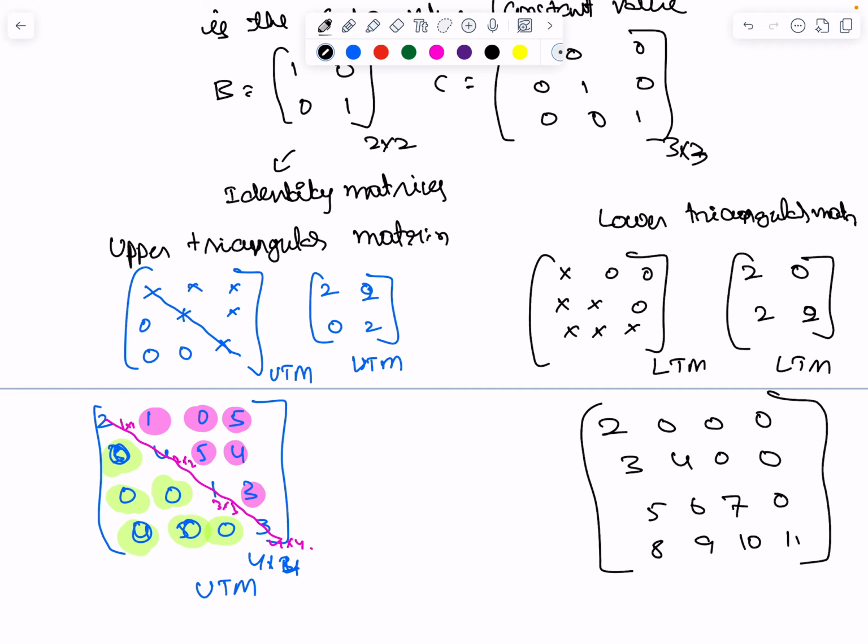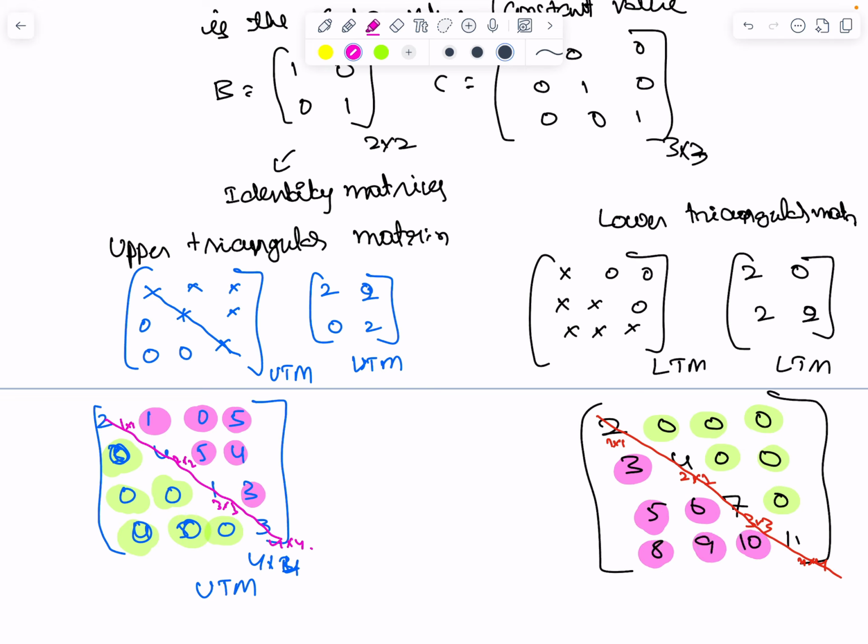So you can look at this. These are actually 0 locations above the main diagonal. So you should focus on the main diagonal. What is your main diagonal? This is your main diagonal: this is 1 by 1, this is 2 by 2, this is 3 by 3, this is 4 by 4. At least one of these entries must be non-zero.